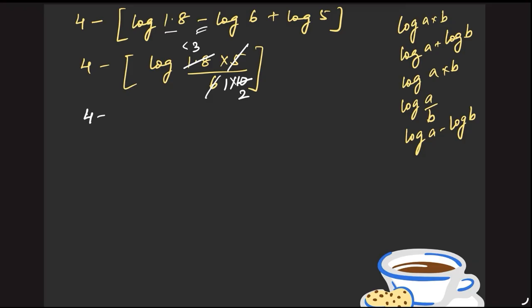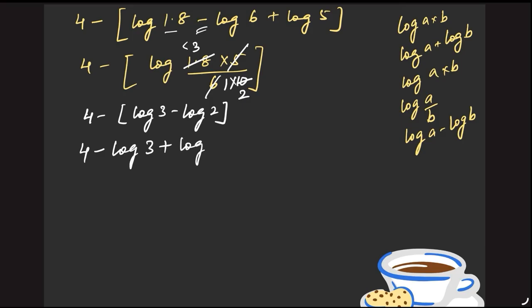So 4 minus log 3 minus log 2, or opening the brackets, this becomes 4 minus log 3 plus log 2. What is the value of log 3? It is 0.477, and the value of log 2 is 0.3010.